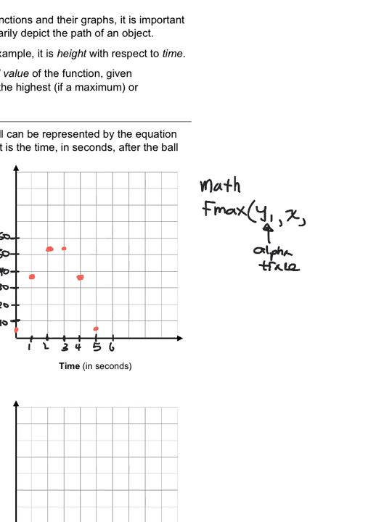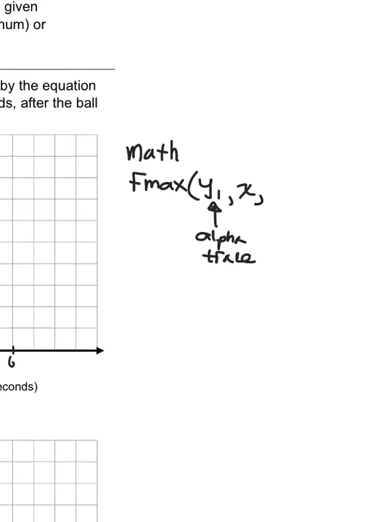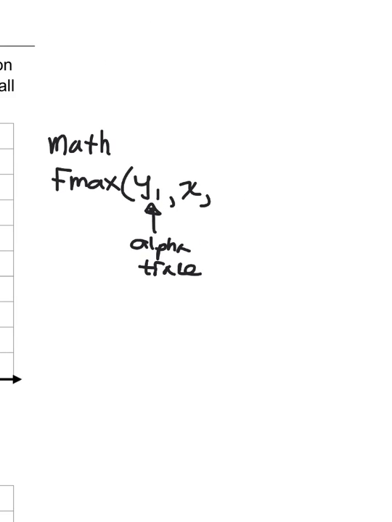So that should be 1 comma, and I'm going to use 6. But you could say 1 comma 10, or 0 comma 10, because that's what you put in for your domain.